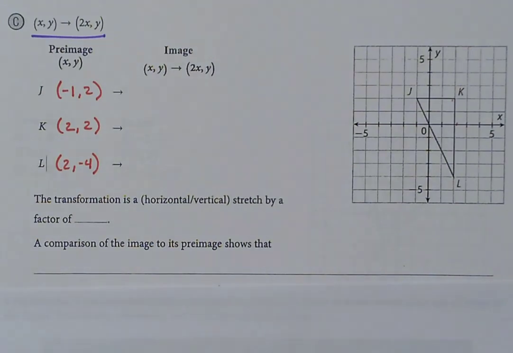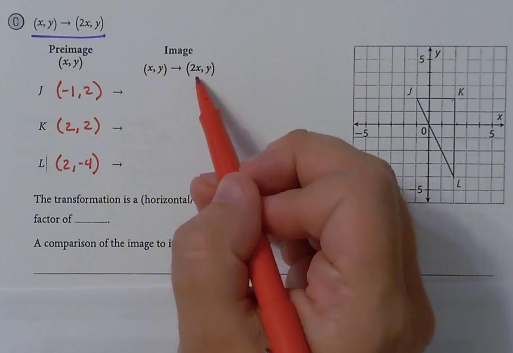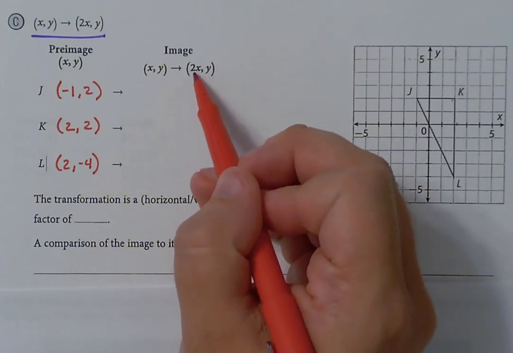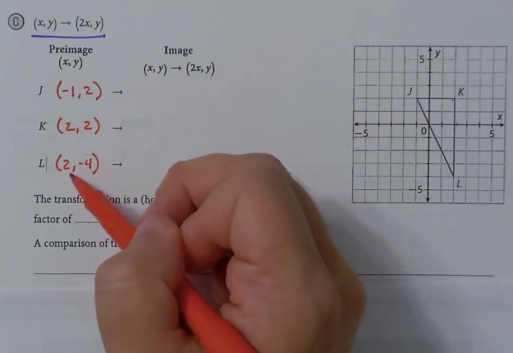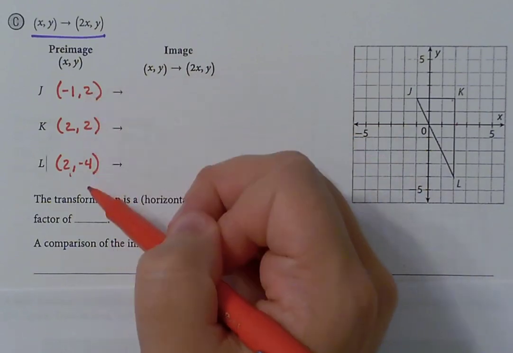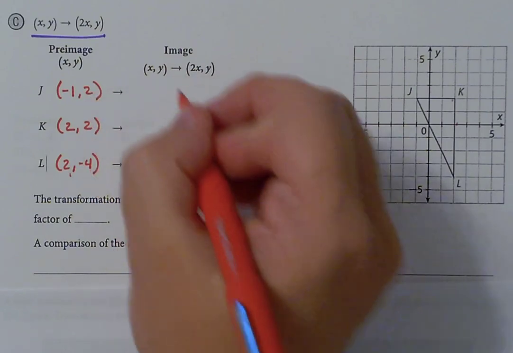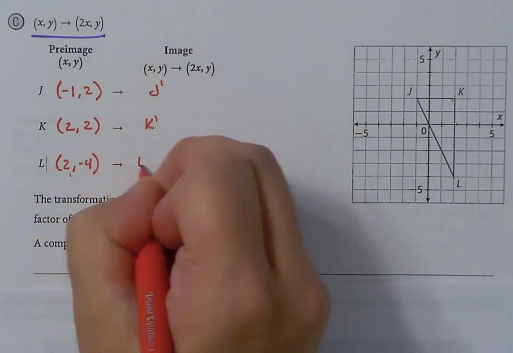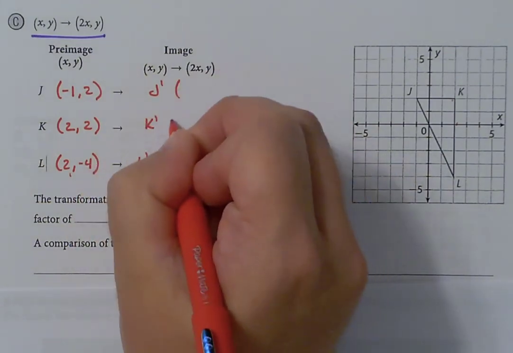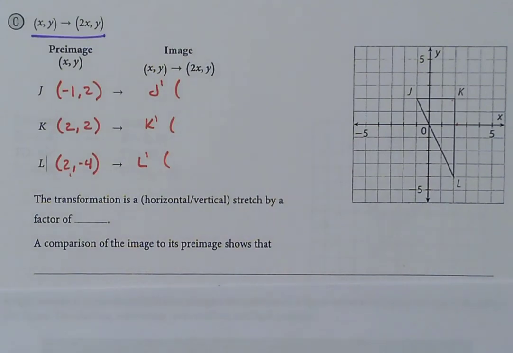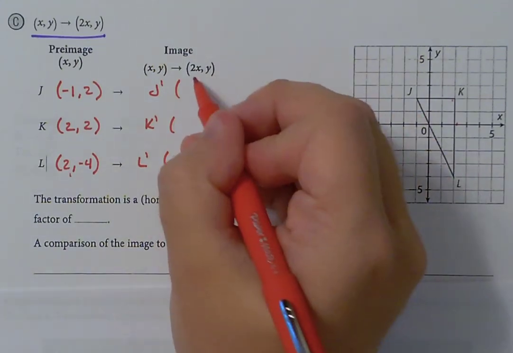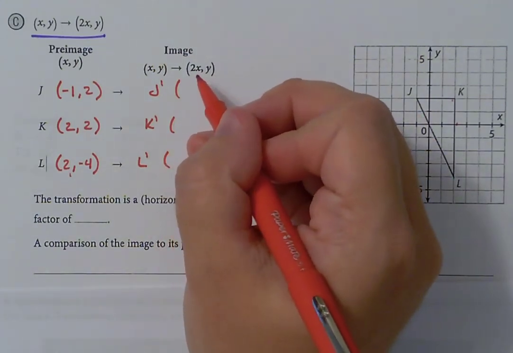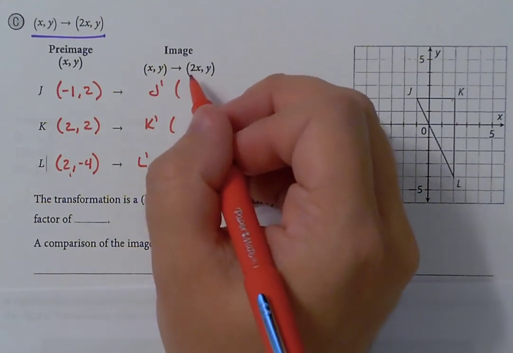Alright, so I have my points now for the pre-image. I now need to apply coordinate notation to go through and figure out what my image is going to be. Again, 2x comma y means that I'm going to multiply all the x values by 2, and I'm going to leave all the y values alone. So we're going to set it up as j prime, k prime, l prime. I like to go through and do one variable at a time. So let's focus on the x. So 2x means 2 times whatever x is.